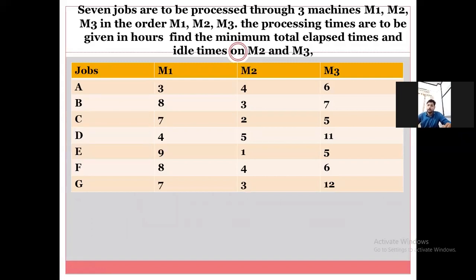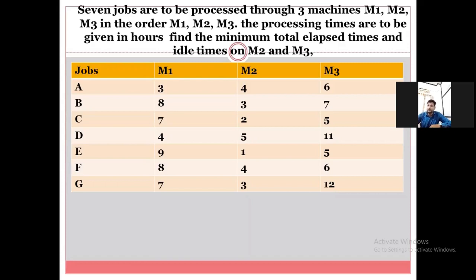Seven jobs problem. Seven jobs are to be processed through three machines, M1, M2, M3, in the order M1, M2, M3.